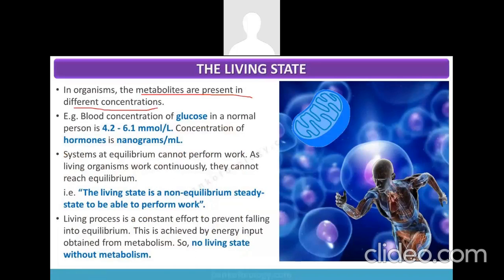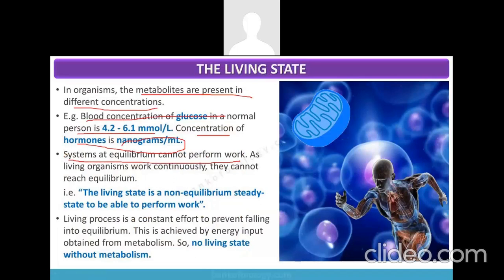The living state, as we said earlier, in organisms, the metabolites are present in different concentrations. So all the metabolites are not present in the same concentration, nor are they present in the same amount in all living organisms. For example, the blood concentration of glucose in a normal person is 4.2 to 6.1 millimole per liter.